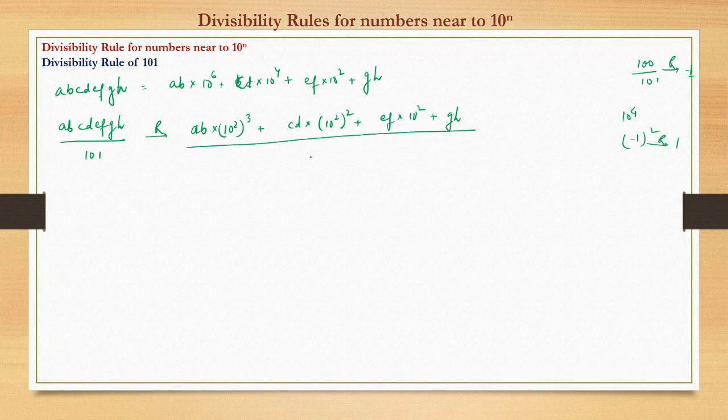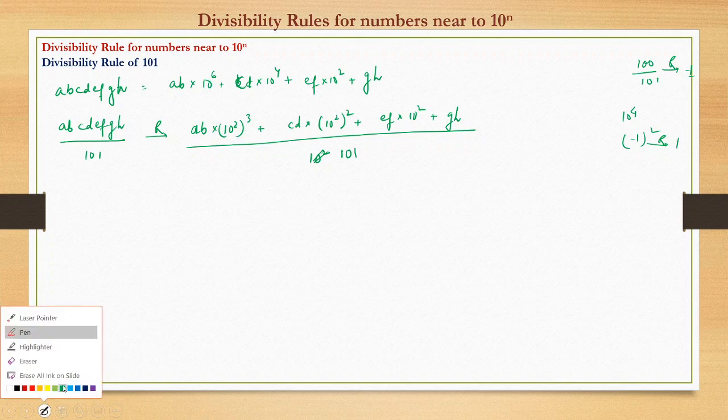This we have to divide by 101. So now see, 10 raised to power 2 by 101, remainder is minus 1. Minus 1 raised to power 3 is minus 1 here.